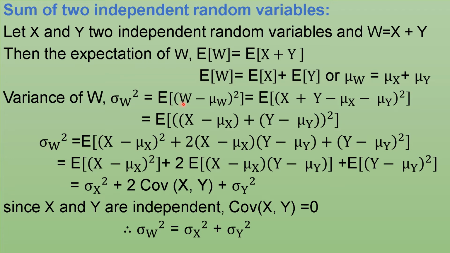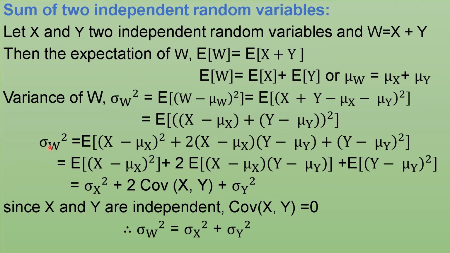So the expectation of x plus y minus mu x plus mu y, or minus mu x and minus mu y, whole square, which we rearrange as the expectation of x minus mu x plus y minus mu y whole square. Inside the bracket you can write it in the form a plus b whole square, with a as x minus mu x and b as y minus mu y.